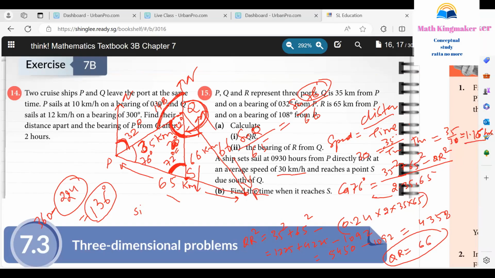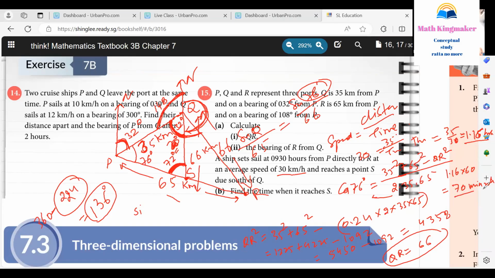So we need to multiply it to convert it into minutes. 1.16 into 60. So how many minutes will it take? Around 70 minutes.